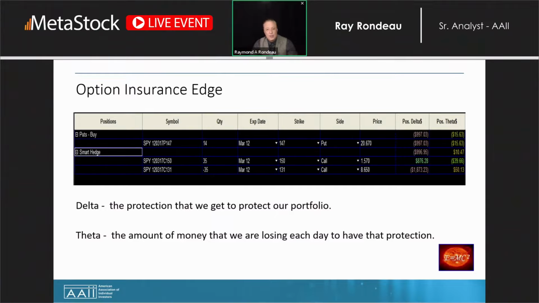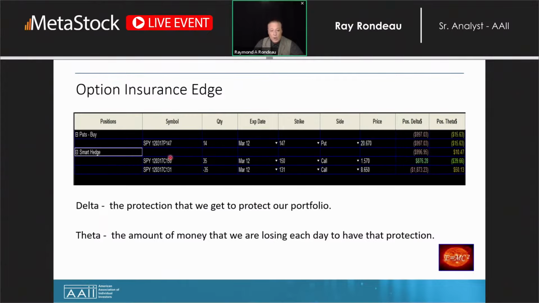I'm going to stay on this screen for a minute. Here we have two option approaches, and these were taken from real-time data, okay? They both give us $1,000 worth of protection, as we can see right here in the delta dollar column.